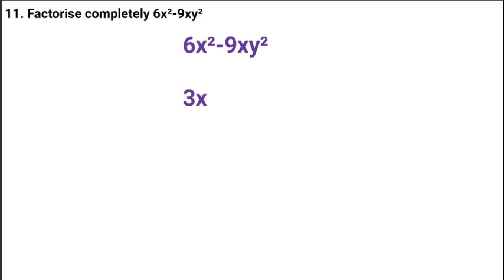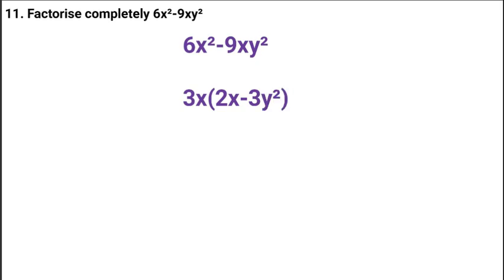So the factor that can go into both terms is 3x. I'm going to open bracket, then 3 into 6 goes 2 times, x into x squared goes x times, then 3 into negative 9 goes -3, then x into xy squared goes y squared.